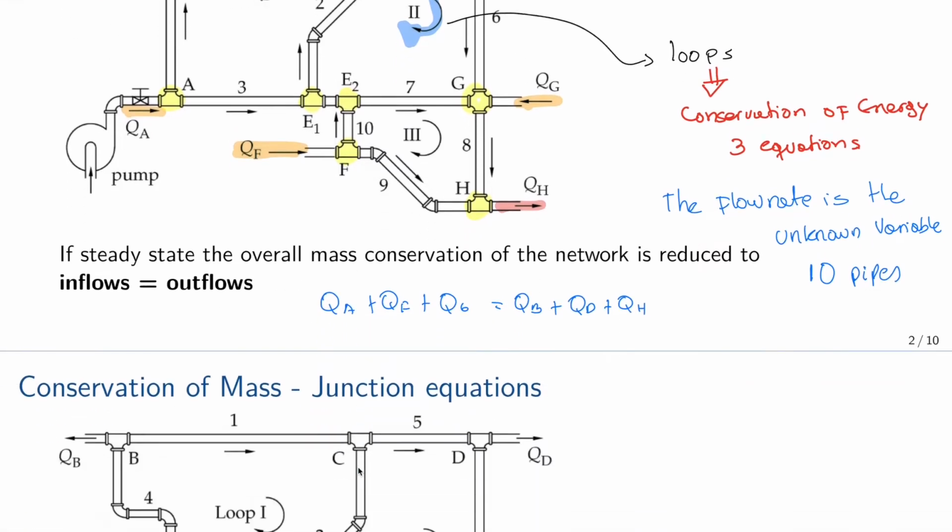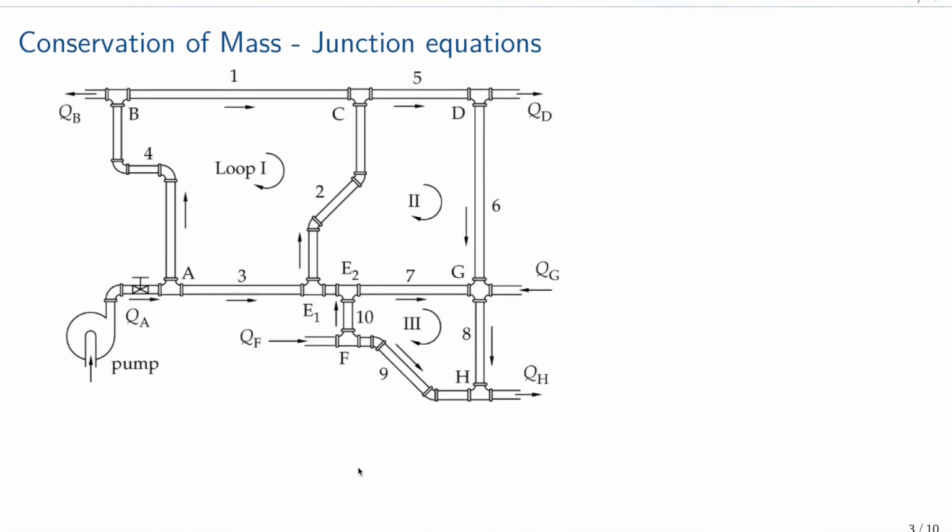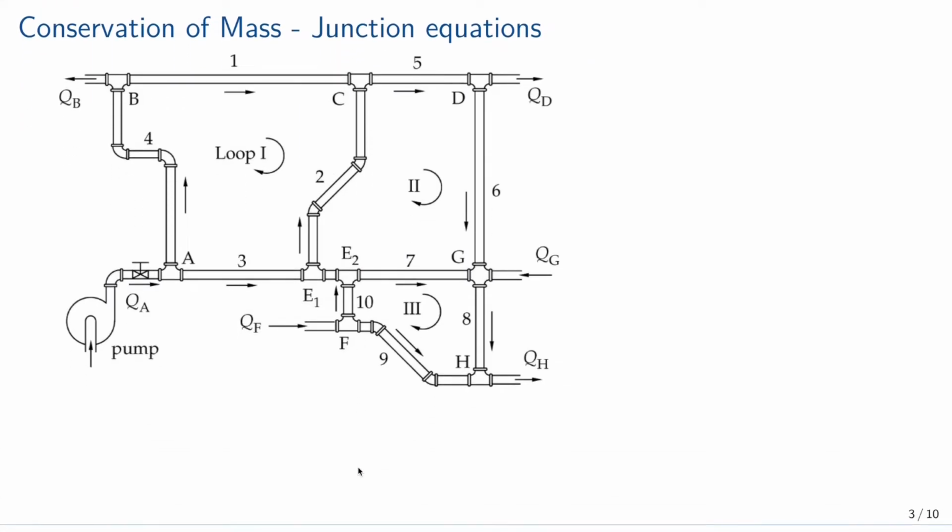So let's have a look at the junction equations in particular. So let's say that we want to analyze point C. So the junction C. So from junction C, we have an inflow from pipe 1, an inflow from pipe 2, and an outflow from pipe 5.